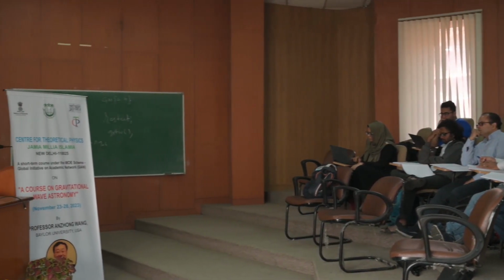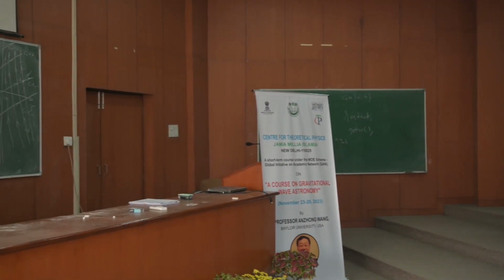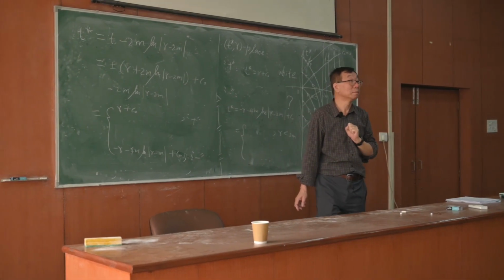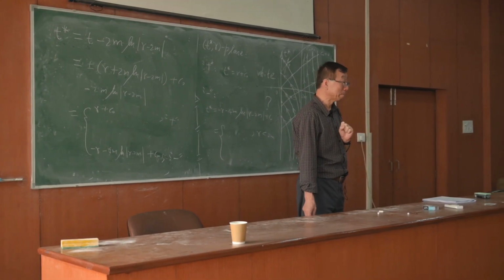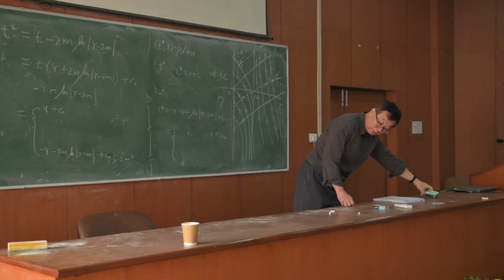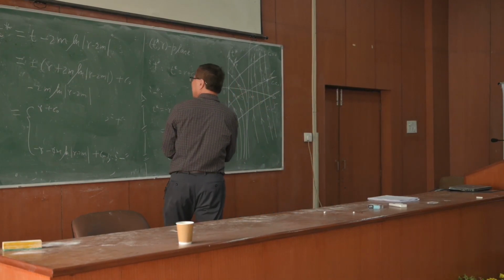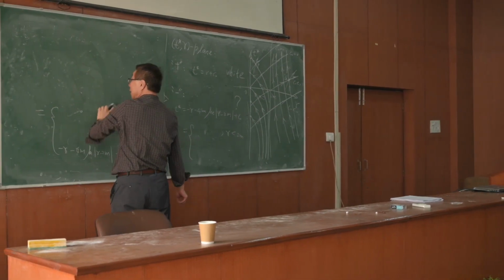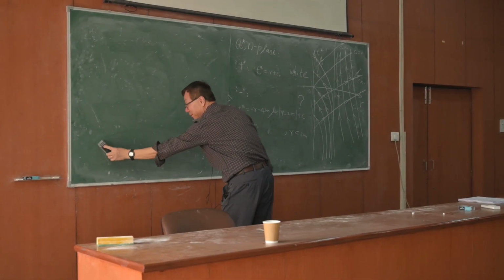But this is my T star, right? This is my definition. This definition actually is okay. I didn't plot this in the T star and R plane, right? Think about this. I'm going to write down the metric in terms of T bar and R, then you will see immediately what's happening.